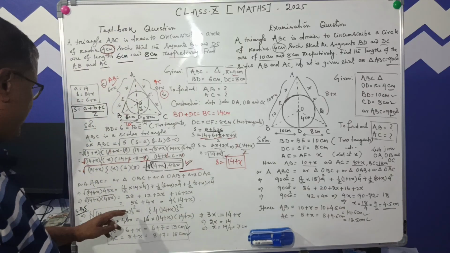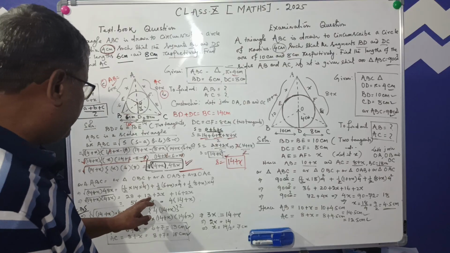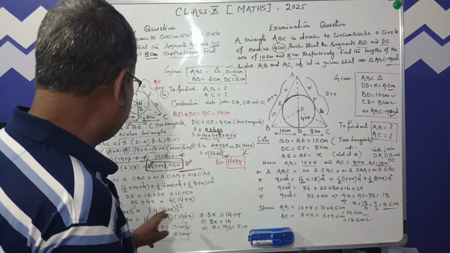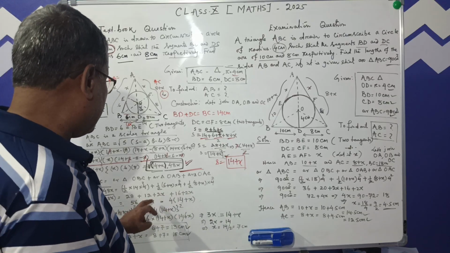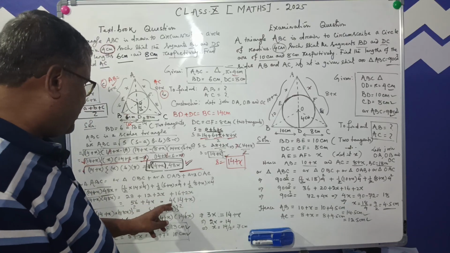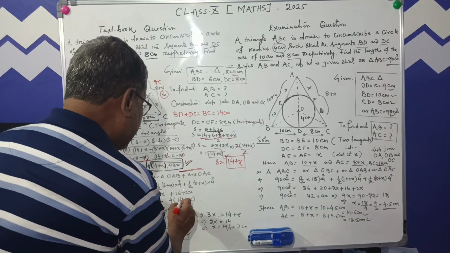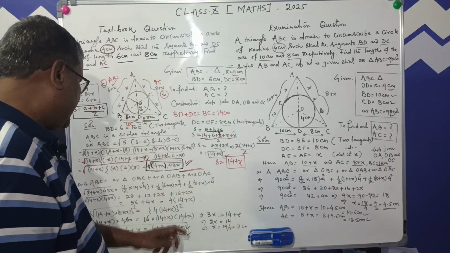Finally we get 12 plus 16 is 28, 28 plus 28 is 56, and 2x plus 2x is 4x. Now taking 4 common, we get 14 plus x.